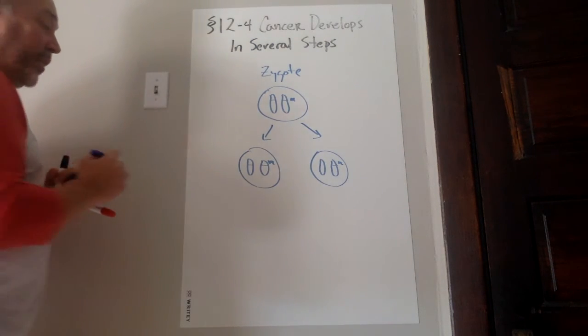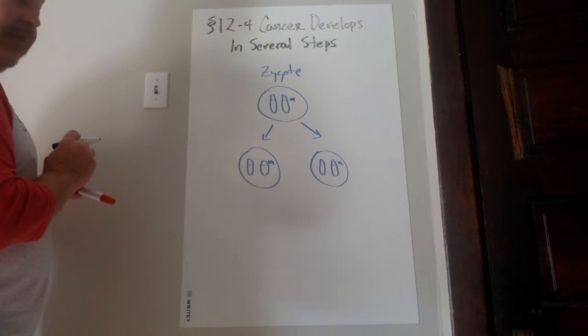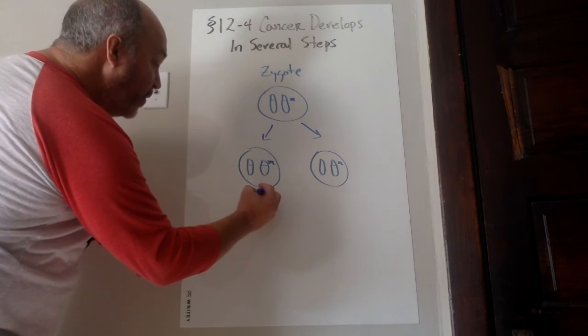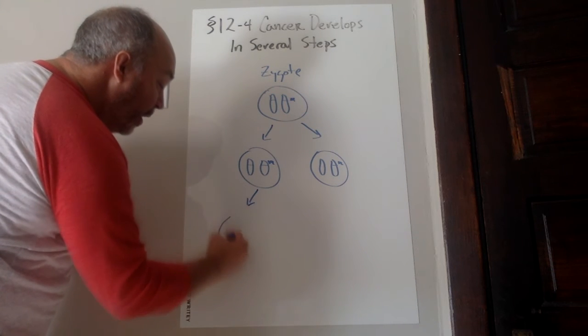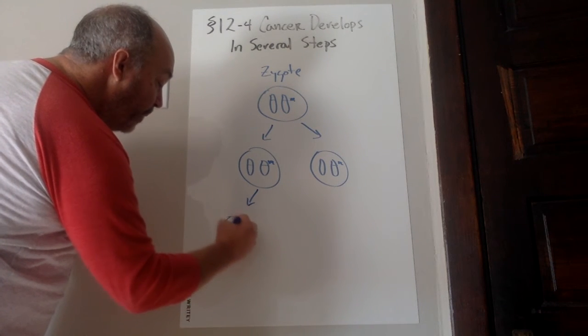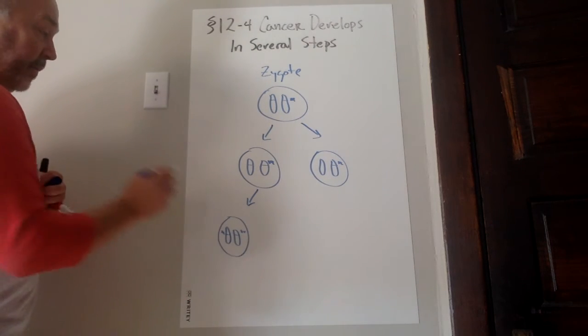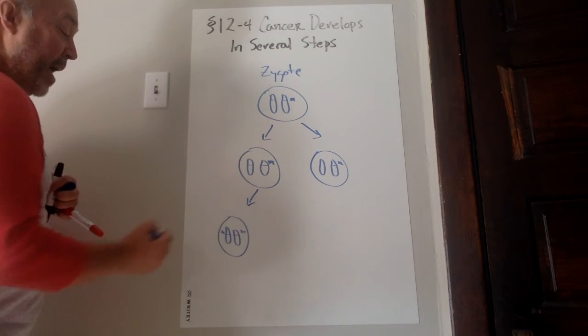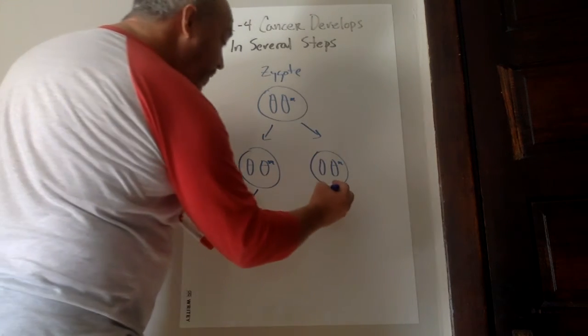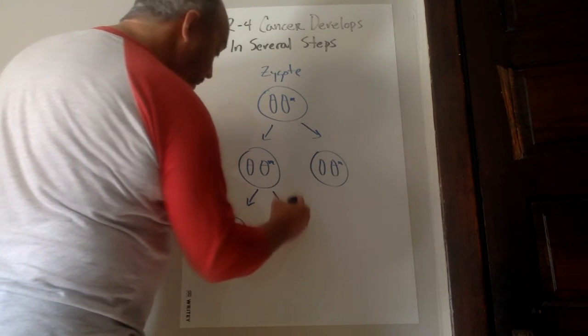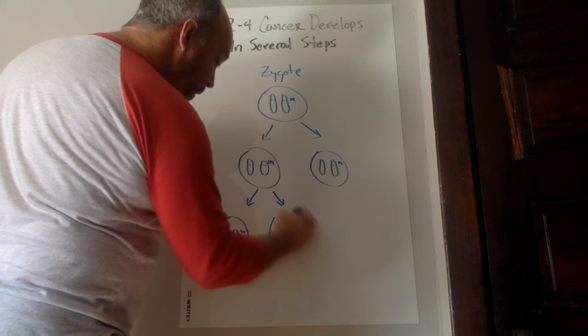It's not until this one gets enough mutations in it that it also becomes mutated. So let's say over time, we now get enough mutations in this other chromosome. Now that you have two, you are homozygous.